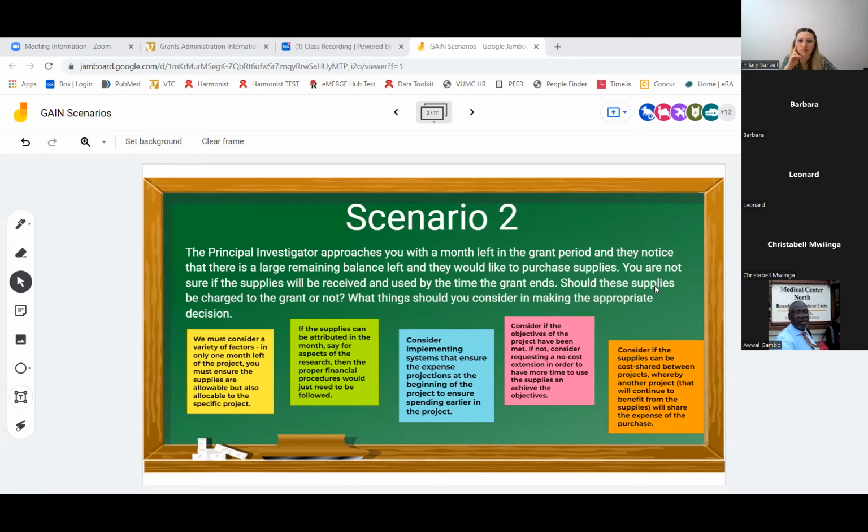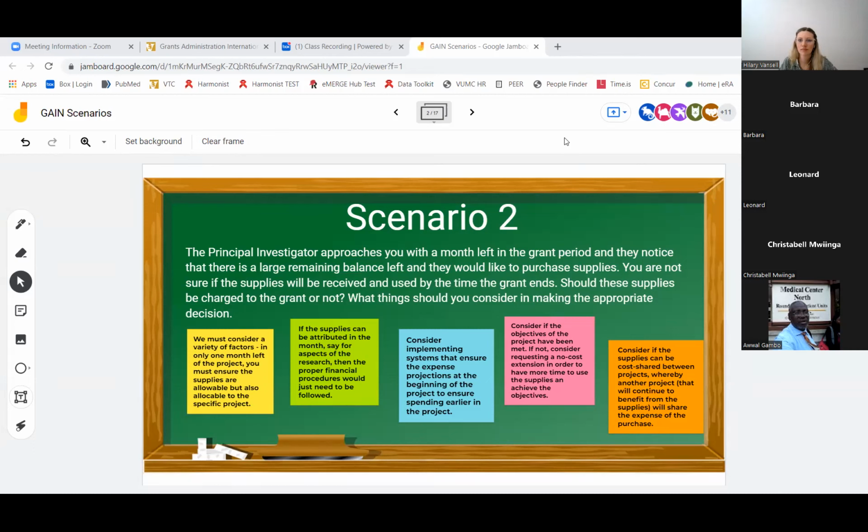Because if you have 1 month remaining in the project and you want to purchase supplies that might go more than a month, there should be some justification to that. Also, you could look at past requests, the supplies they requested over the period and how they were used. That will also give you a clear picture of whether what they are requesting will be used in a month or more than a month.